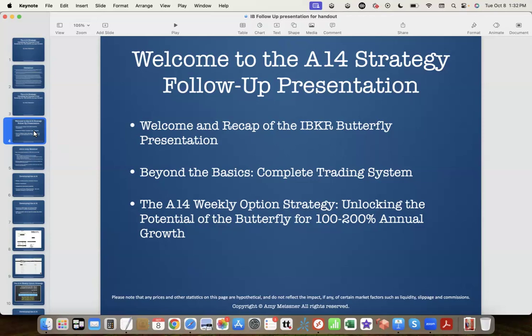I also highlighted the importance of not only understanding those basics, but also of understanding the effects of volatility, time decay, and gamma on the strategy. In addition, as I mentioned, in order to master the butterfly strategy, it really requires a complete approach, one that includes risk management and exit rules tailored to the specific setup that you choose, which creates basically a complete trading system.